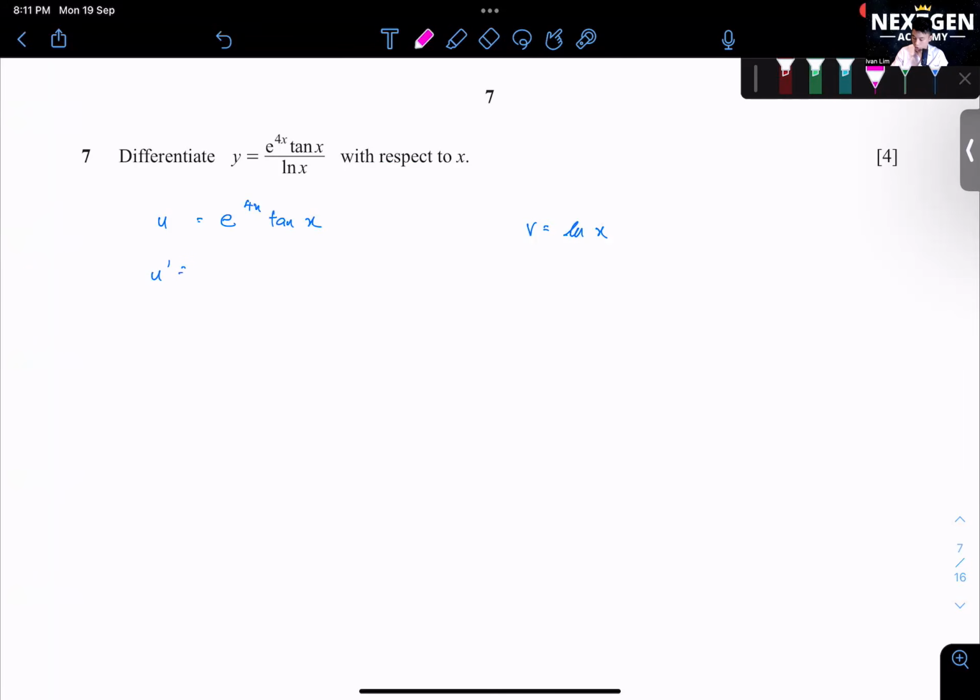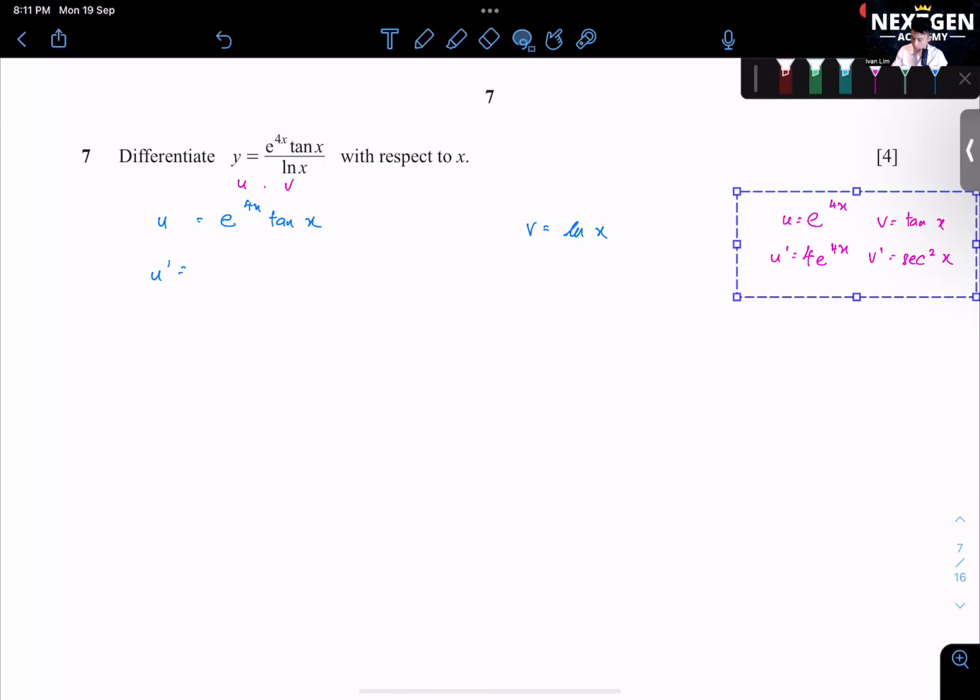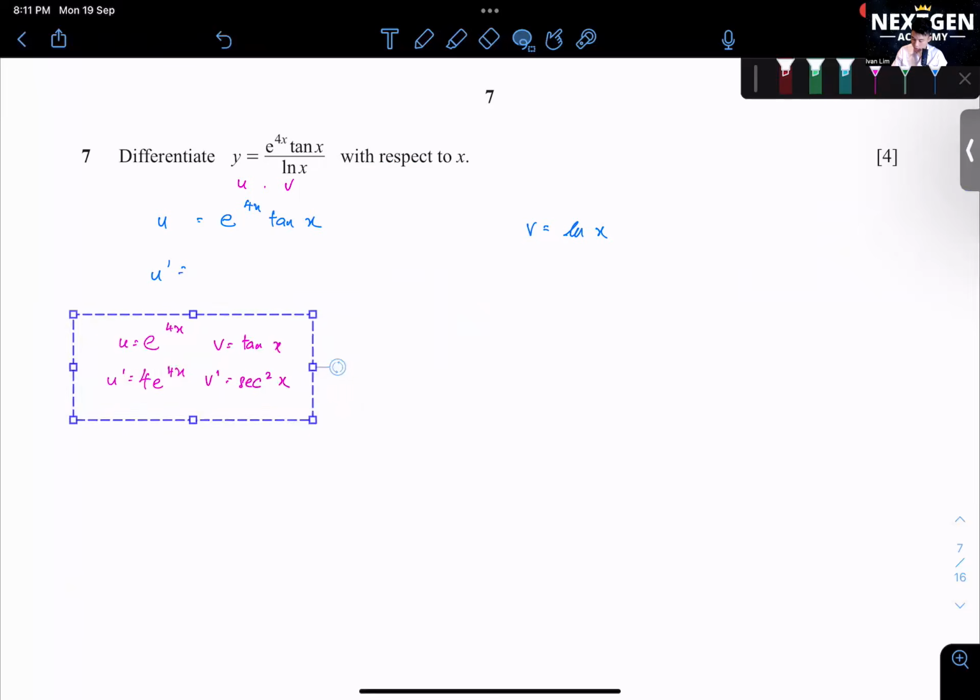This is your u and v. If you want to write down again, you can write it down at the side here. So this is your u equals e to the power of 4x, then v equals tangent x, u prime 4e 4x, v prime secant square x. This is for this part here.